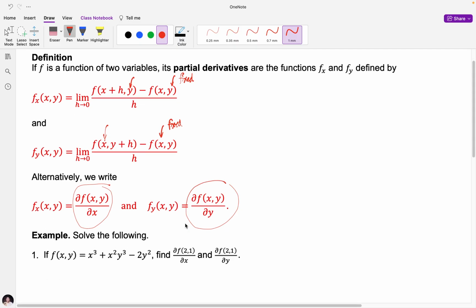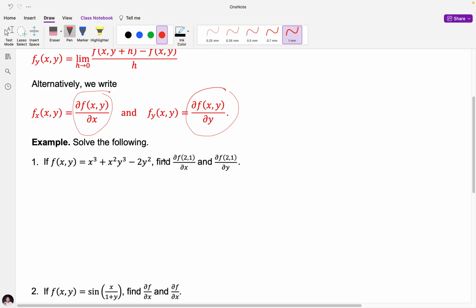Okay? So to understand better, let's try this. So we have the function f of xy equal to x cubed plus x squared y cubed minus 2y squared. Now we need to find the partial derivative of f at (2, 1). So that means that we will find the partial derivative at (2, 1) with respect to x and the partial derivative of the function at (2, 1) with respect to y.